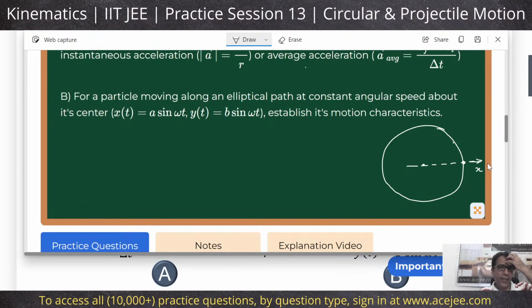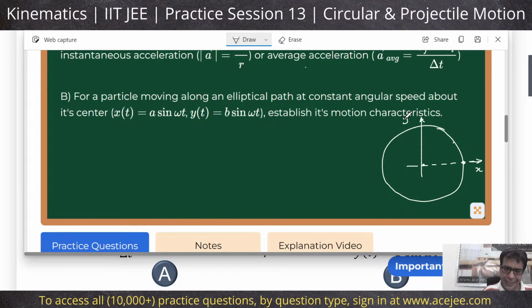Rather, let me define my x-axis passing through the particle's position at t equals 0. That might be the right way to say it. Okay? And this is my x, this is my y. So this is my Cartesian coordinate axes, x and y.